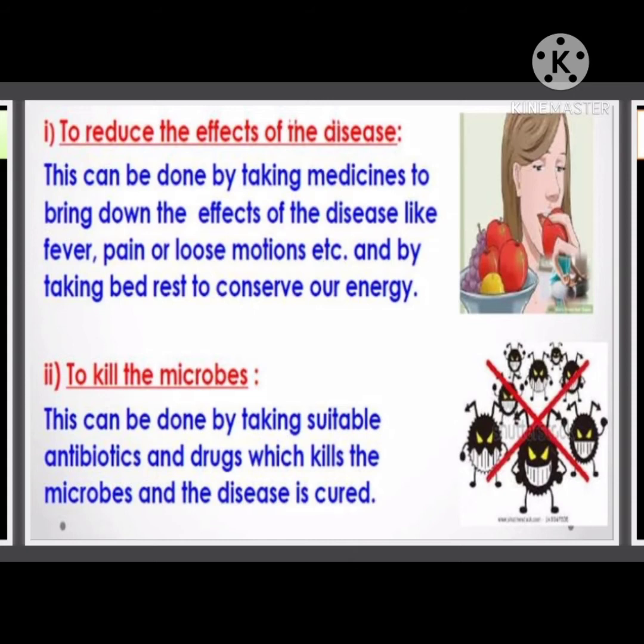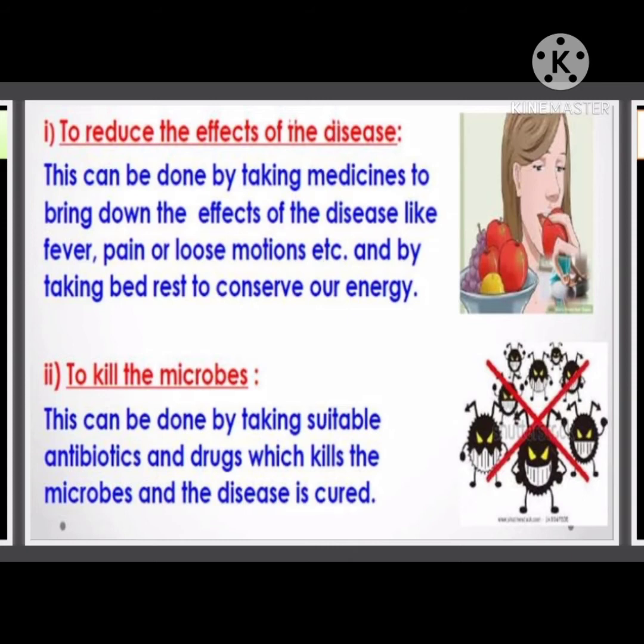And if we are not getting any relief from this first step, we have to enter the second step, that is, to kill the cause of the disease. So the first one is reduce the effect of the disease, the second one is kill the cause of the disease.